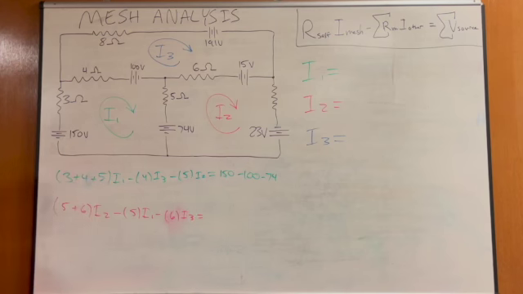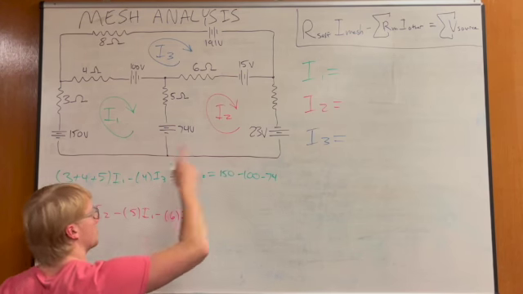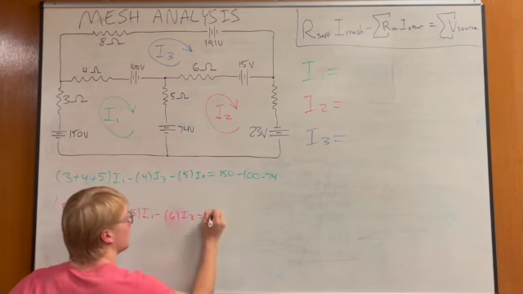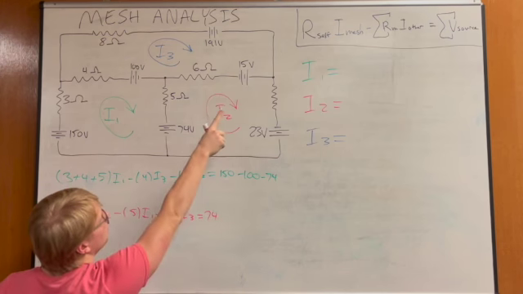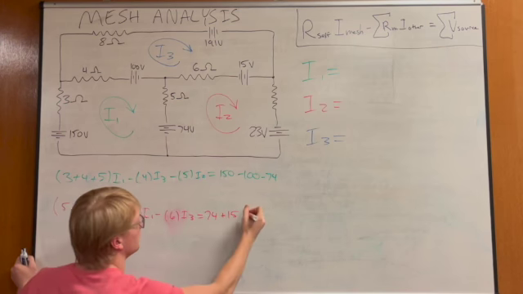And that's going to be equivalent to the voltages. So this is positive 74, positive 15, positive 23.